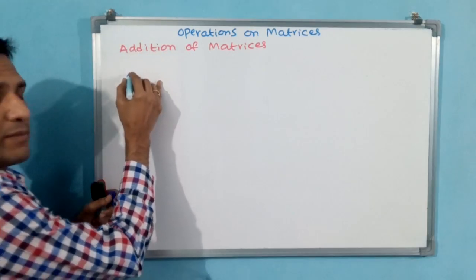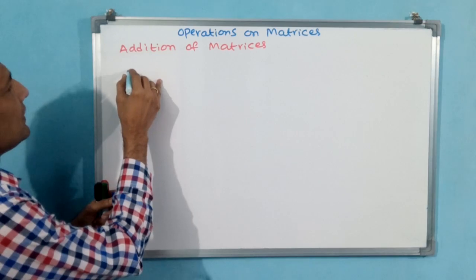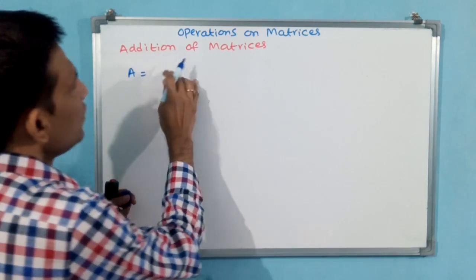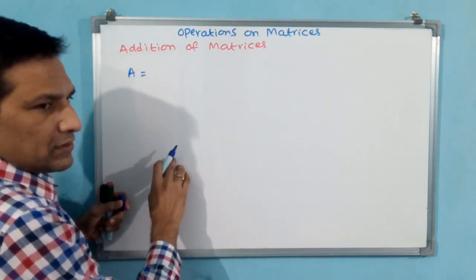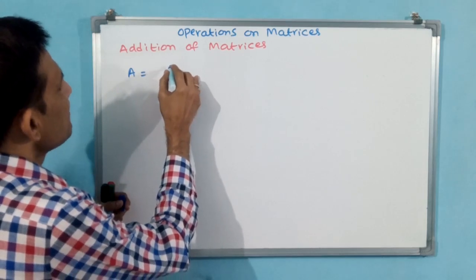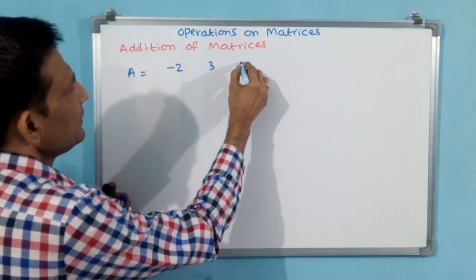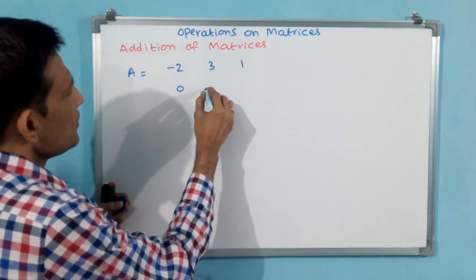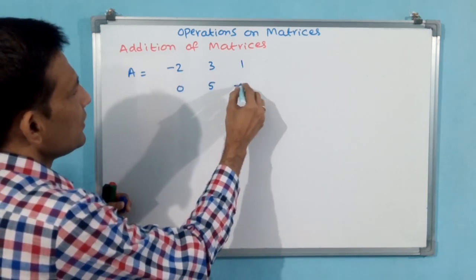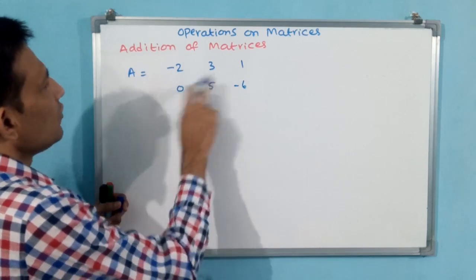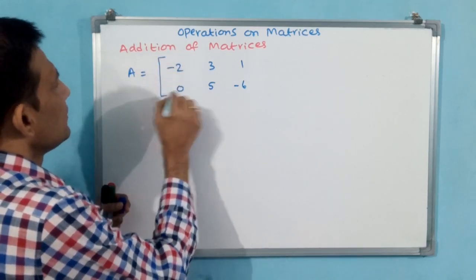I am taking a 2 by 3 matrix. Let A be 2 rows, 3 columns: -2, 3, 1, 0, 5, -6.